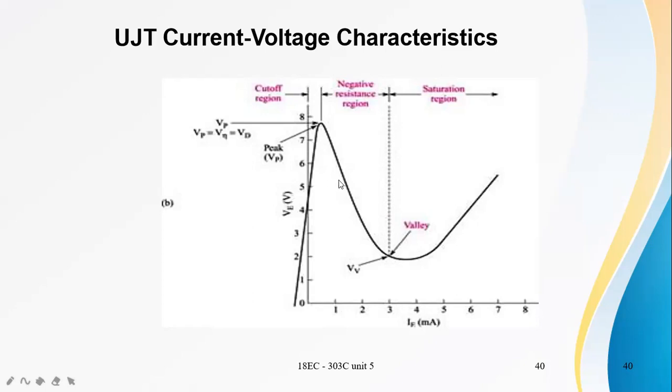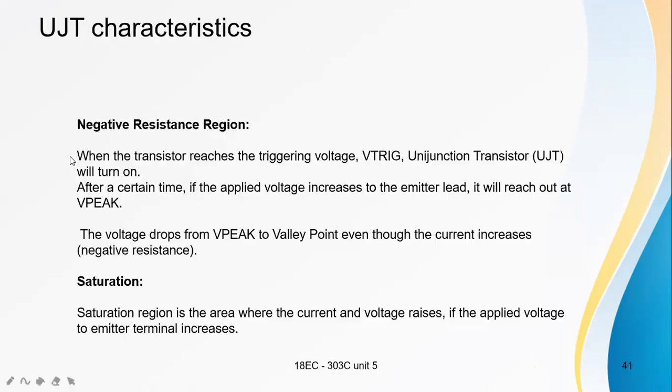After this, the charge carriers decrease the resistance RB1. With this decreased resistance, the voltage at this point decreases. That means the device is more forward biased, and more forward bias means more emitter current, up to valley voltage. After valley voltage, the device goes into the saturation region.